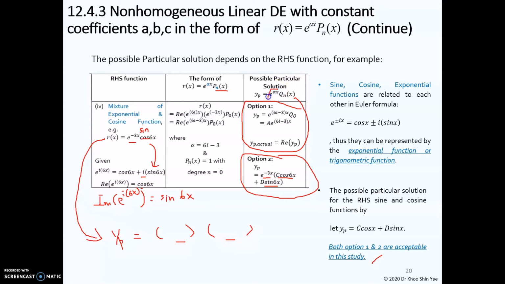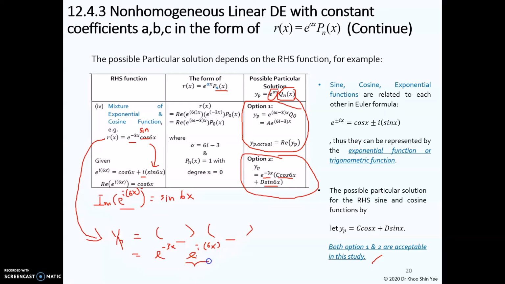One is the exponential function, another is the polynomial function. In terms of the exponential function, you have the exponential negative 3x, and the sin 6x can be linked to the exponential i6x.